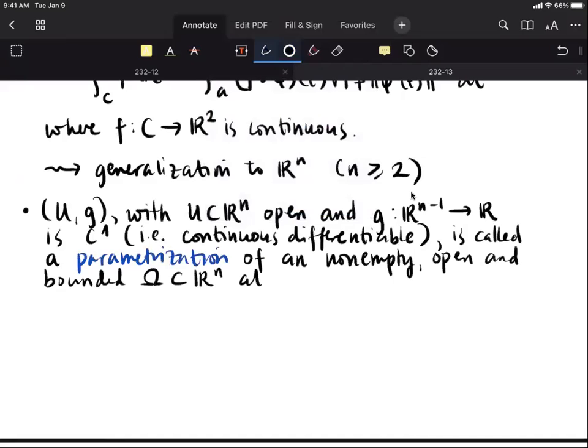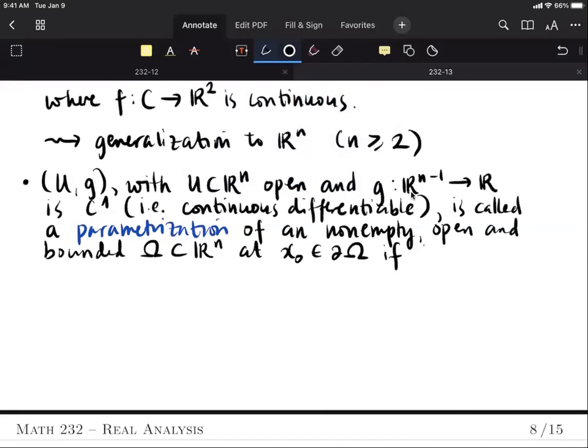at the point, let's say, x naught on the boundary if, okay, so we can find, so there exists an orthonormal basis.